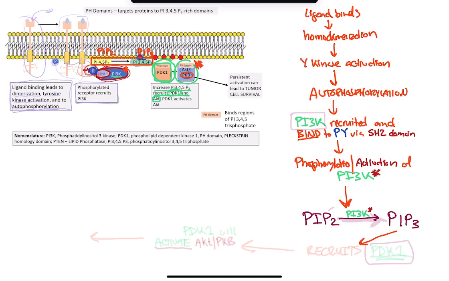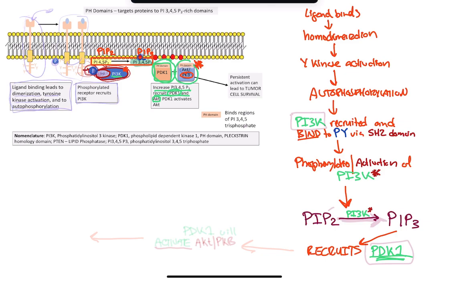So PIP3 recruits our second kinase, PDK1.